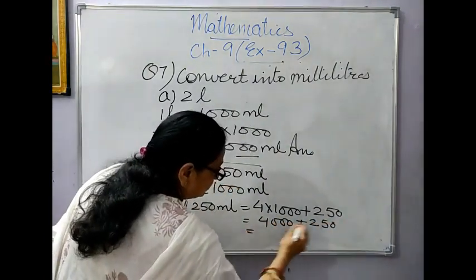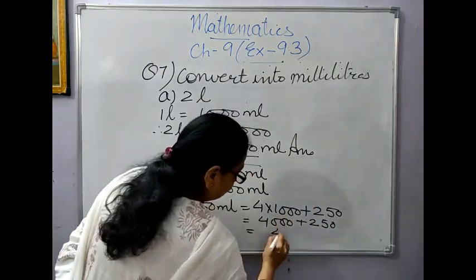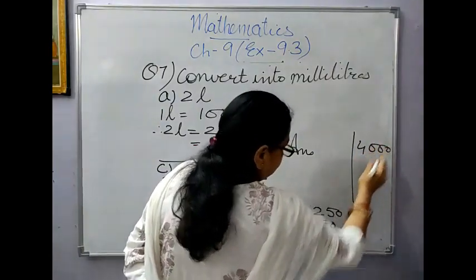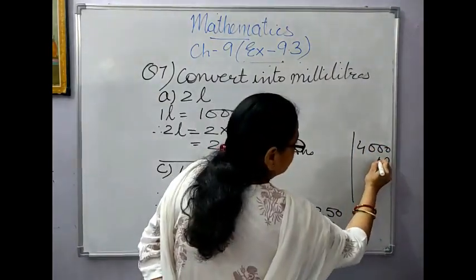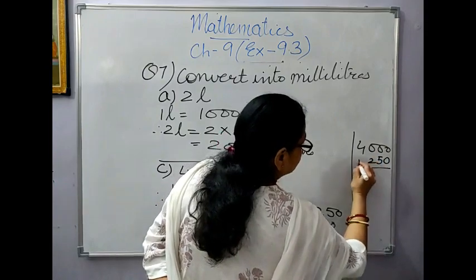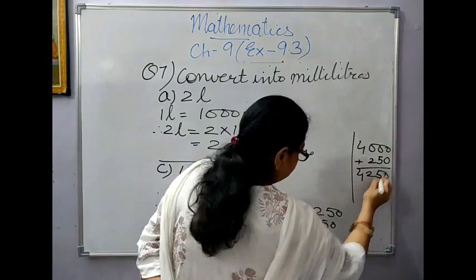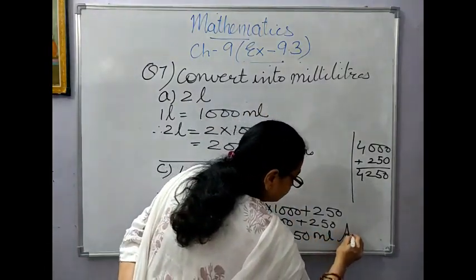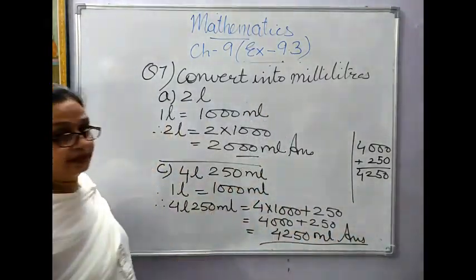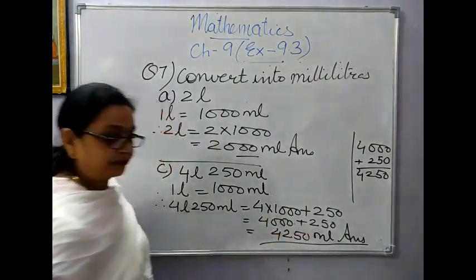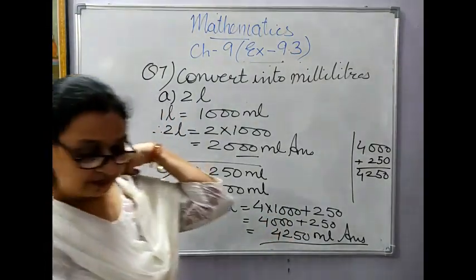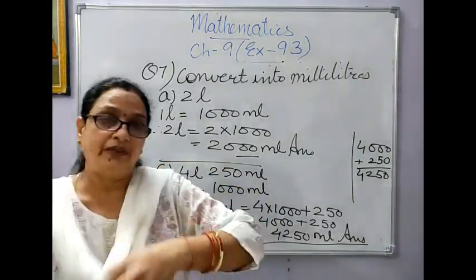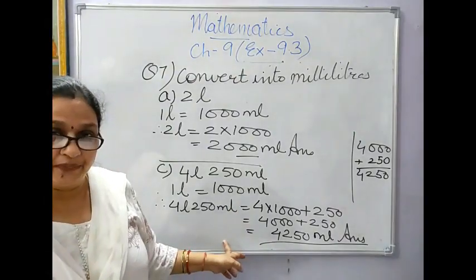So if you add it in a rough, 4000, now 250, this is ones, hundreds and thousand, so it will be 4250 milliliter is your answer. Don't forget to write the unit. Okay, and sum number D is similar to this only.